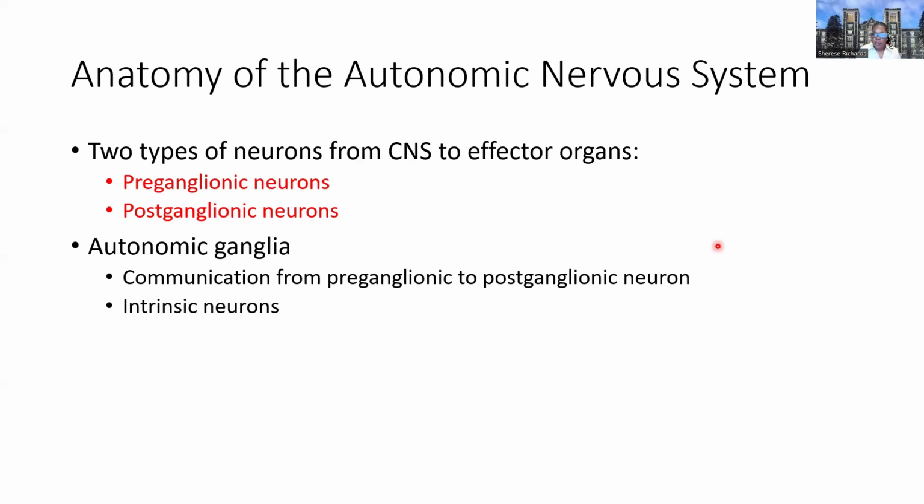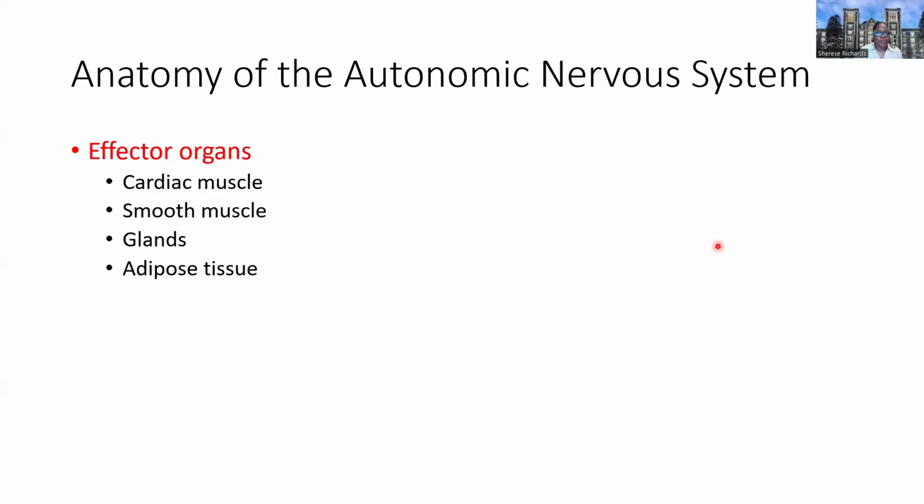The central nervous system is where we have the majority of cell bodies, and then we have axons that project out into the periphery. But there can be some instances where cell bodies reside outside of the brain or spinal cord, and that is what a ganglia is. So the autonomic ganglia is the connection between these autonomic fibers.